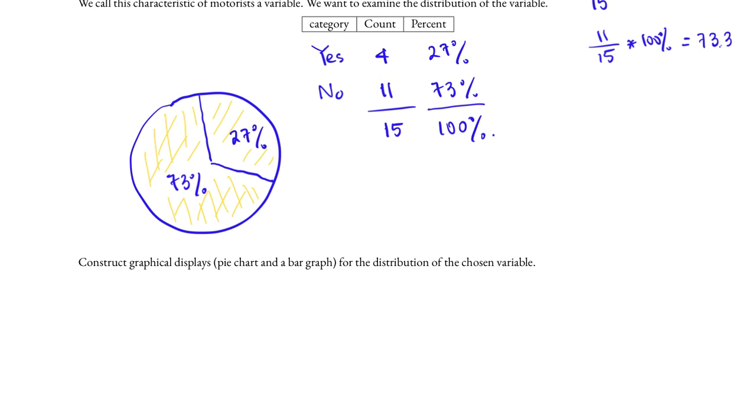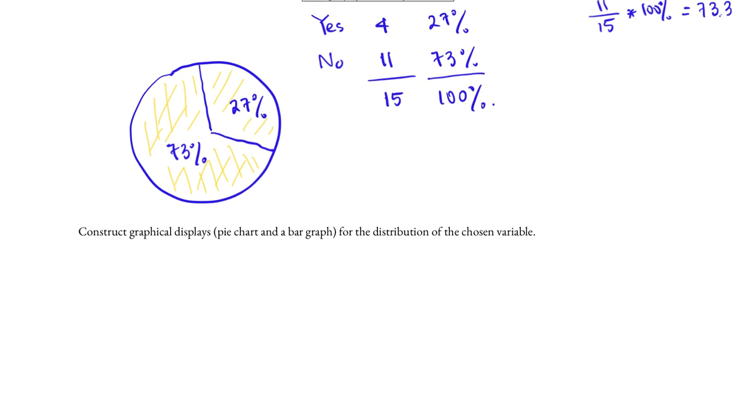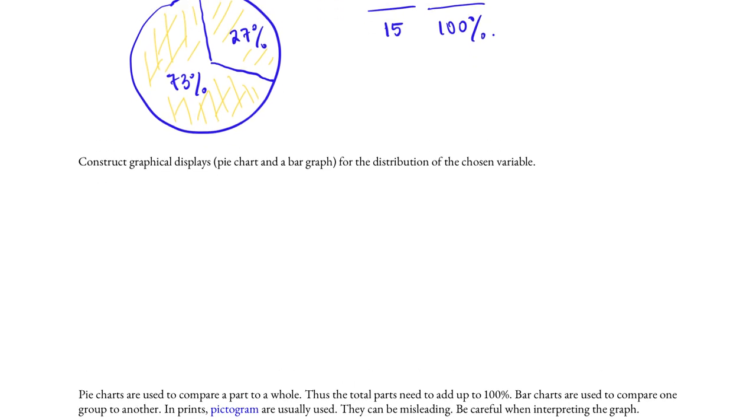For a bar graph, we list either the count or the percentages of the values. So in this case, there are two values. And so we first put the number line, and on the horizontal axis, we would put the values of the categorical variable.